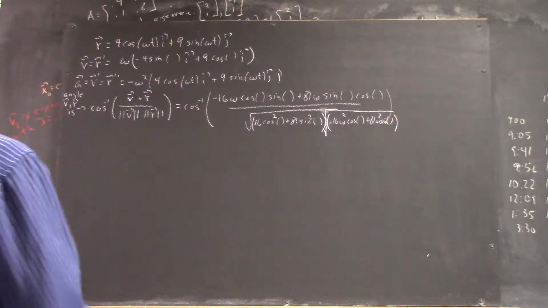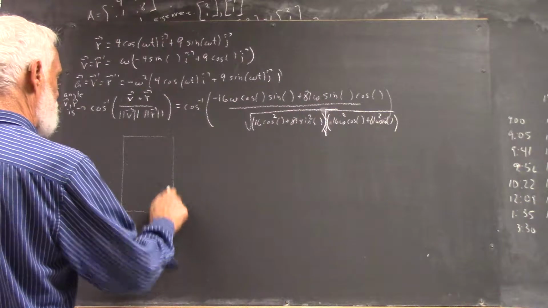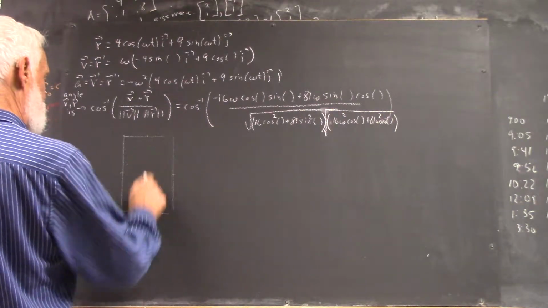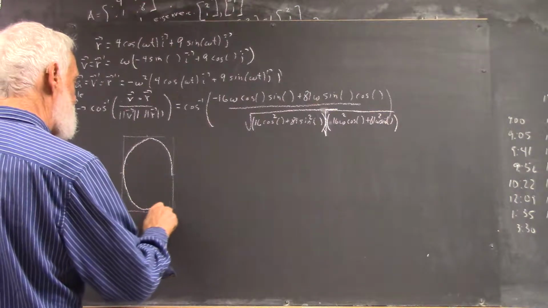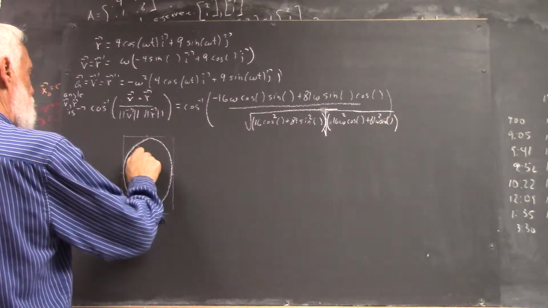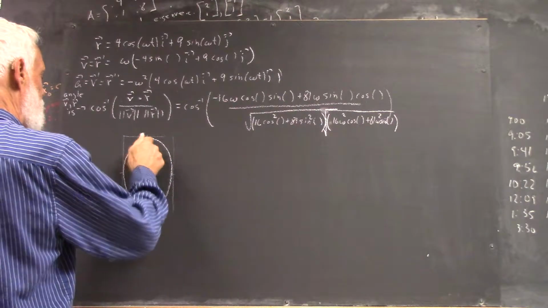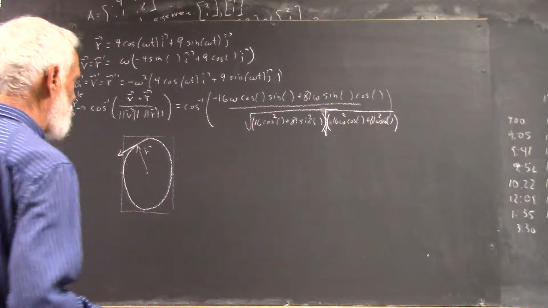If you draw an ellipse inside of a rectangle, tangent at these points, it looks something like this. This is your origin and this is your R vector. Your V vector is here.